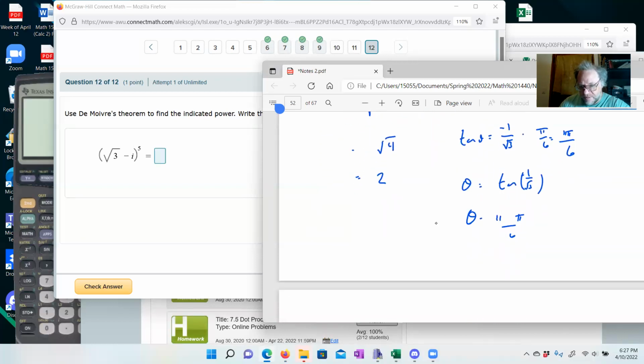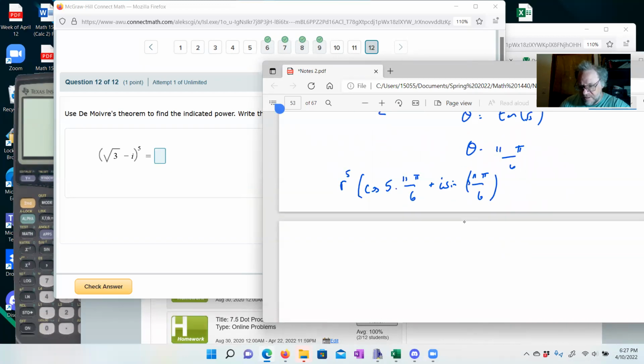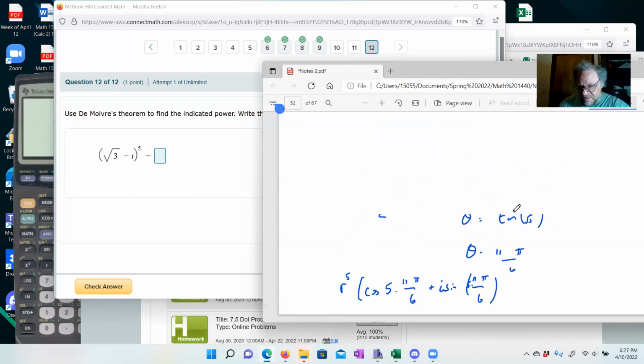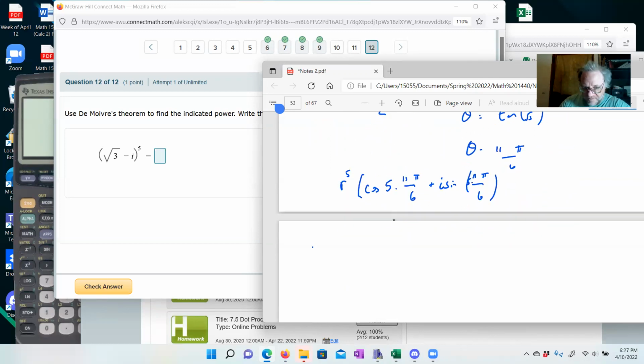This is going to be r to the 5, times cosine of 5 times, what was the angle? 11 pi over 6, plus i sine of 11 pi over 6, times 5. All right, so what do we have here? We had our modulus being 2. So we have 2 to the 5th.